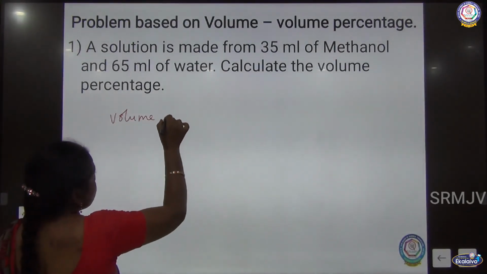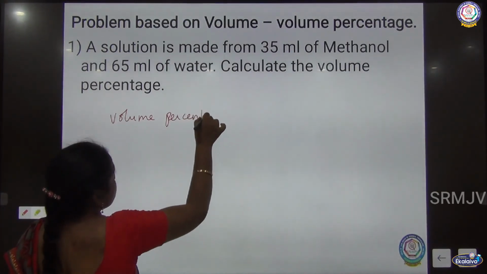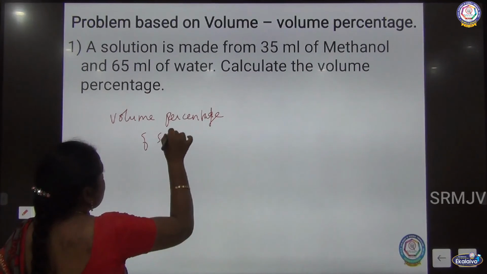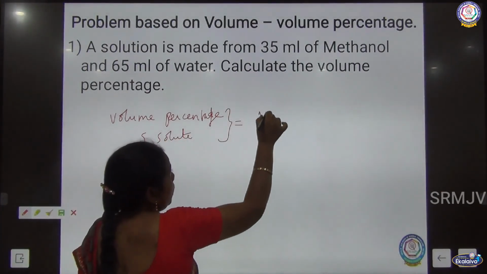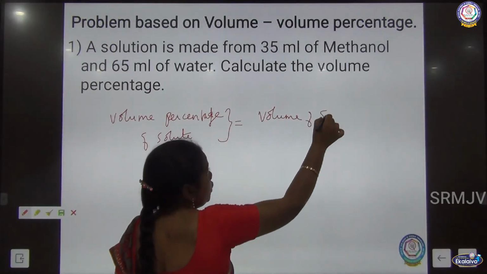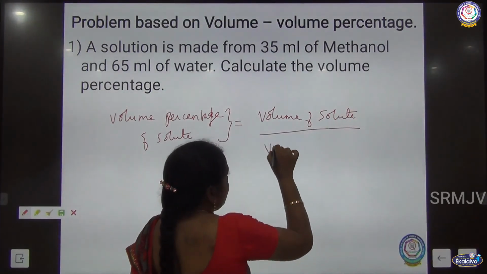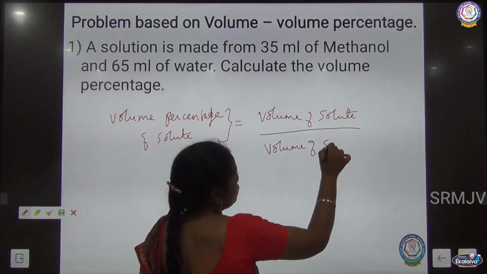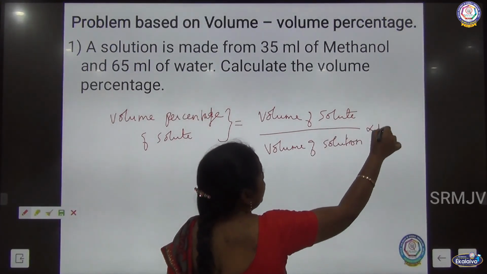Volume percentage of solute equal to the volume of solute by volume of solution, into 100.